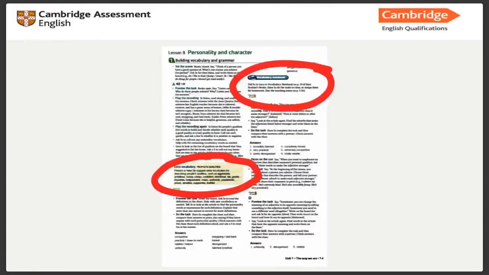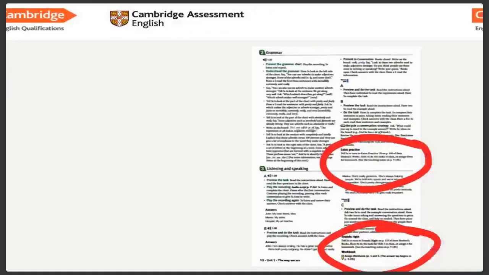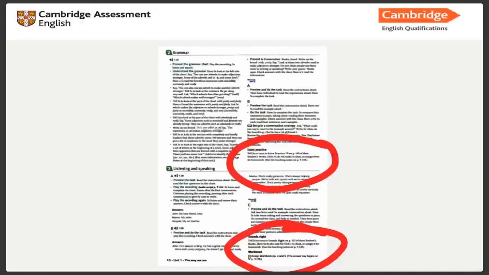The same pattern will be followed for each lesson in each unit, but the focus may change. Lesson B will refer to extra vocabulary practice and the vocabulary notebook. Remember, throughout the lesson notes you will have suggestions as to where to include the supplementary material mentioned earlier.